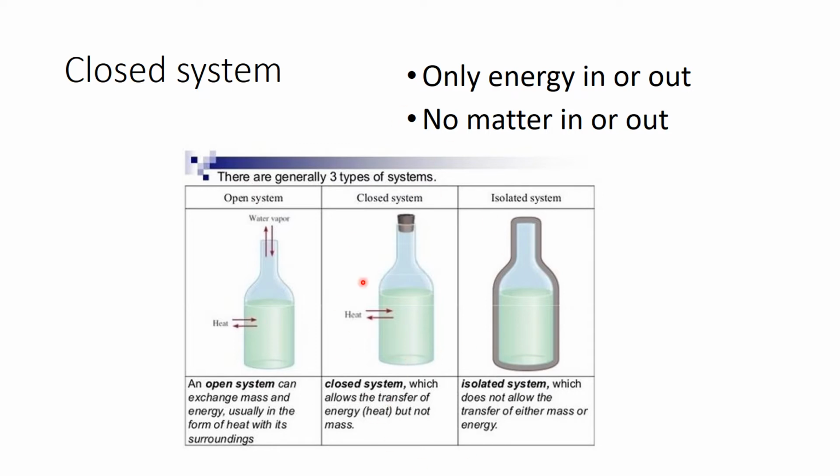And then the last one you need to know, although this isn't being used today, is an isolated system. Think about it like a thermos. So a nice trusty thermos where you put your tea in when you go for a long walk on a cold day. It doesn't allow the transfer of either mass or energy. So no heat can get in or out, and no mass can get in or out in an isolated system. But the one we're interested in today is the closed system. So only energy in or out, no matter in or out.